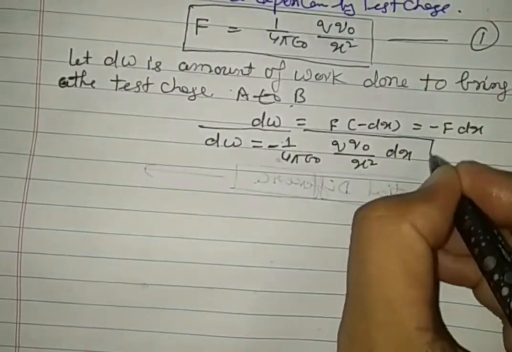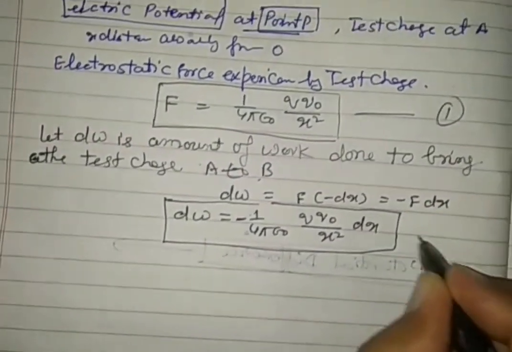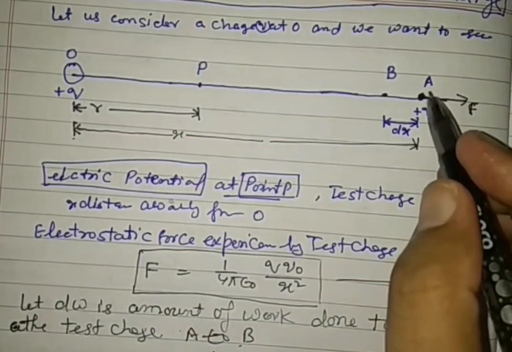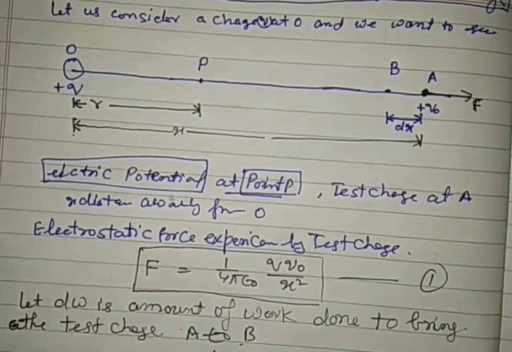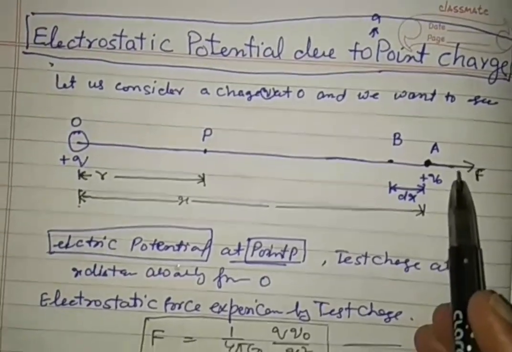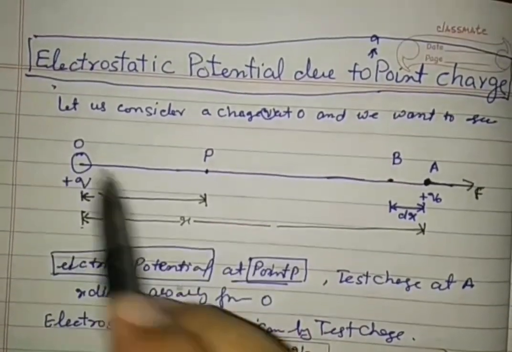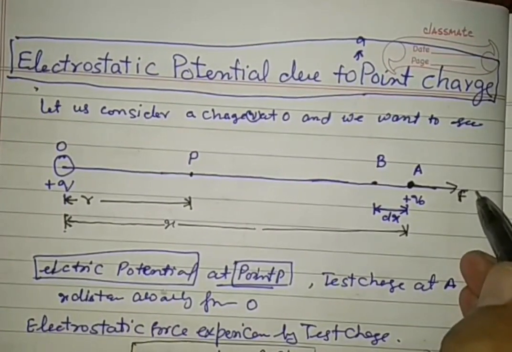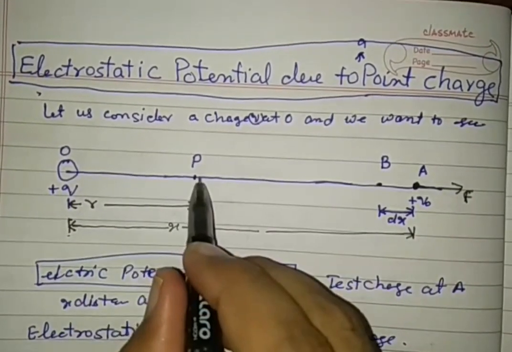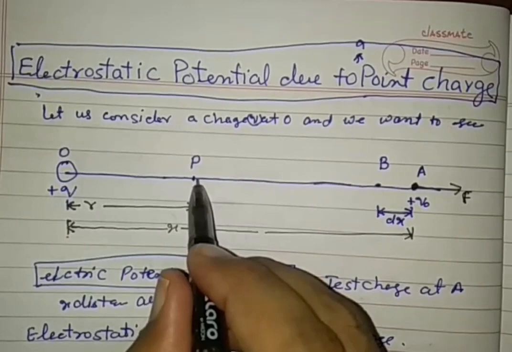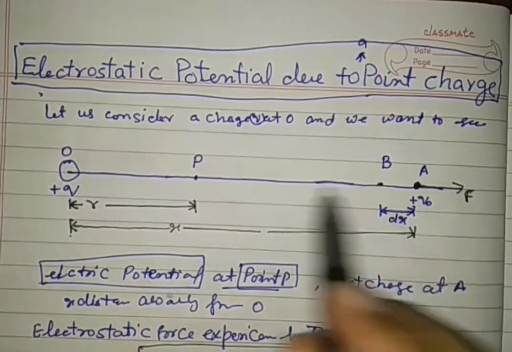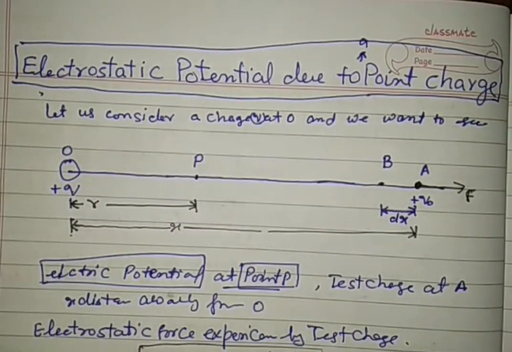See carefully, this is the work done to bring the test charge from A to B. Now, for the further derivation, first of all, look at the definition of electric potential. Electric potential is the amount of work done to bring a unit charge from infinity to the point of electric field where we are going to calculate electric potential. So we are bringing a unit charge, but practically we are bringing a test charge.